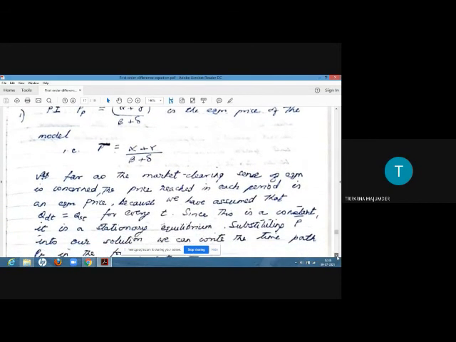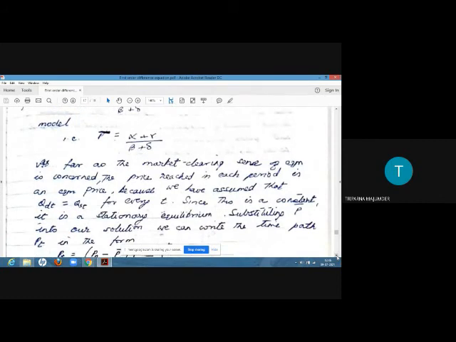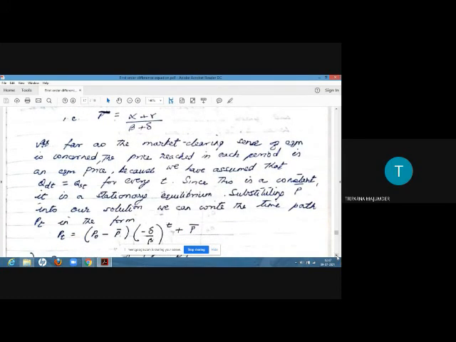Now, as far as the market clearing sense of equilibrium is concerned, the price reached in each period is an equilibrium price, because we have assumed that quantity demanded is equal to quantity supplied for every period. Since this is a constant, it is a stationary equilibrium.